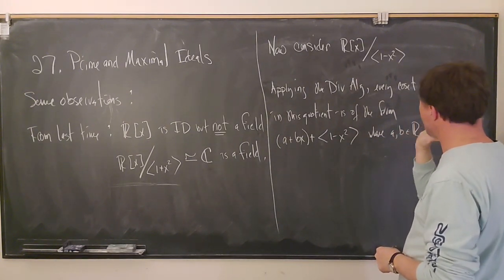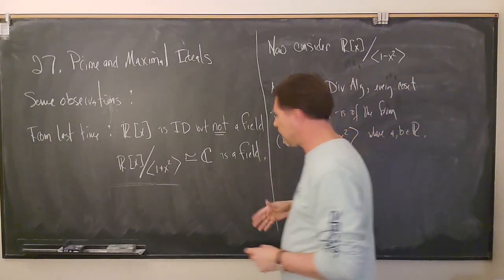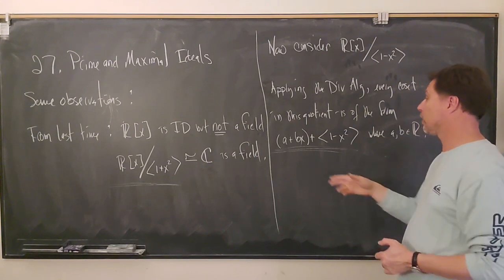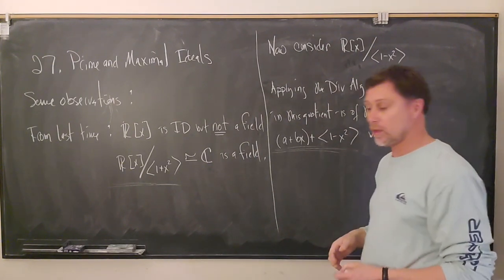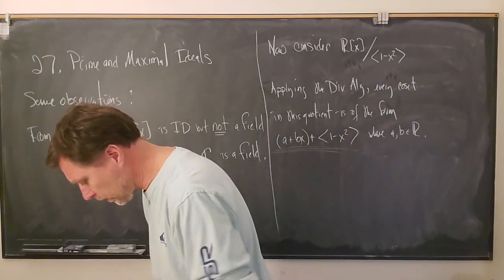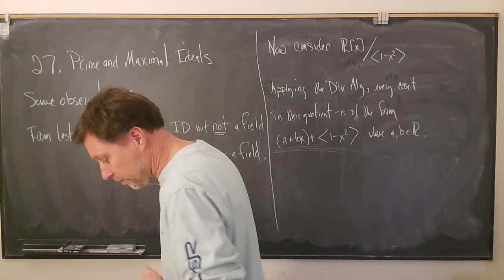So if you wrote down all possible elements of this form, you would have a list of all of the cosets, all the elements in this quotient. Now, I want to look at a couple of them.